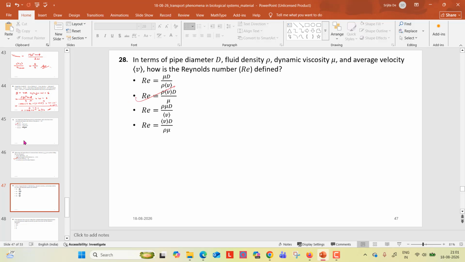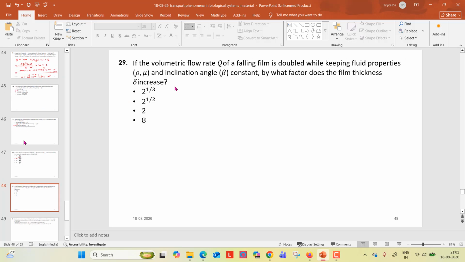Next. If the volumetric flow rate Q of a falling film is doubled while keeping fluid properties rho, mu and inclination angle constant, by what factor does the film thickness delta increase? So we have just seen that Q equals rho g delta cube cos beta W by 3 mu. So Q is proportional to delta cube.